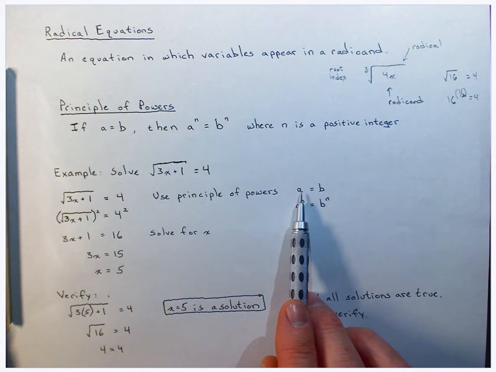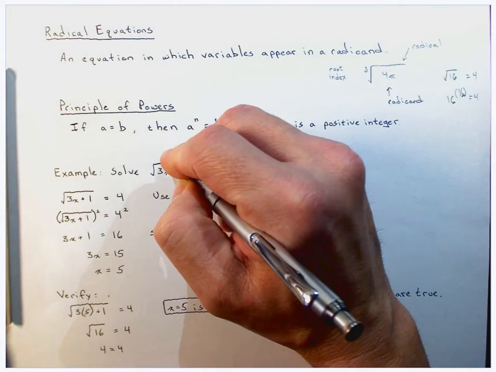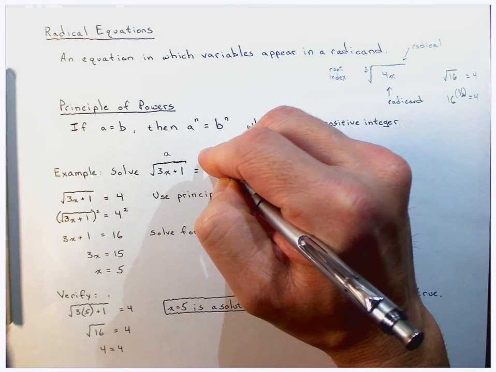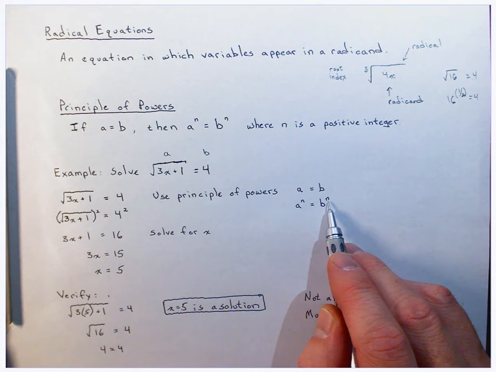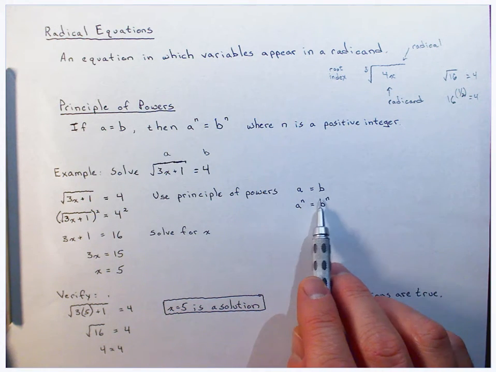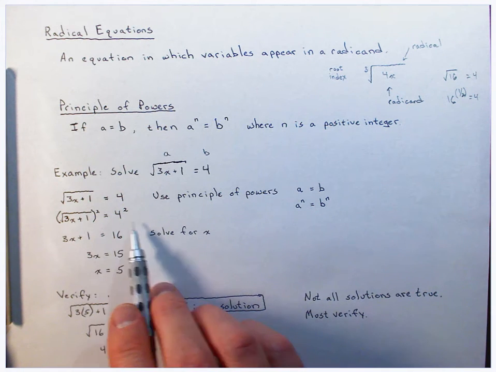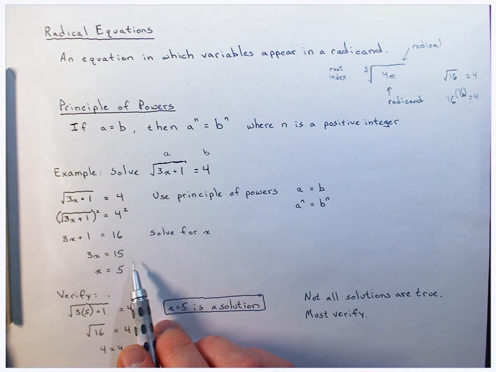Again, A equals B. This is like A and this is like B. If I take them both to the same power, as long as it's a positive integer, then my principle of powers tells me I'm going to be able to solve for it.